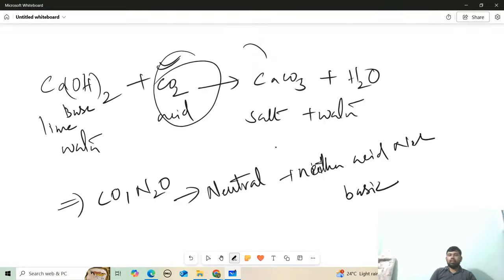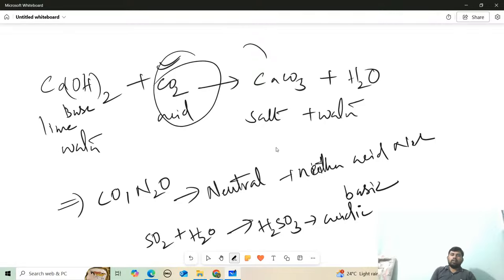Okay, let's understand. SO2 reacts with H2O and forms H2SO3, which is also acidic in nature. So non-metal oxides are acidic in nature. Metal oxides are basic in nature. Okay, please remember.